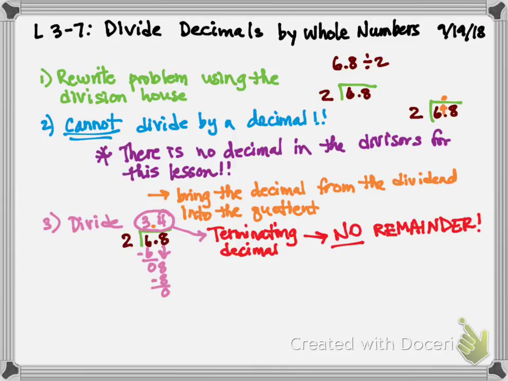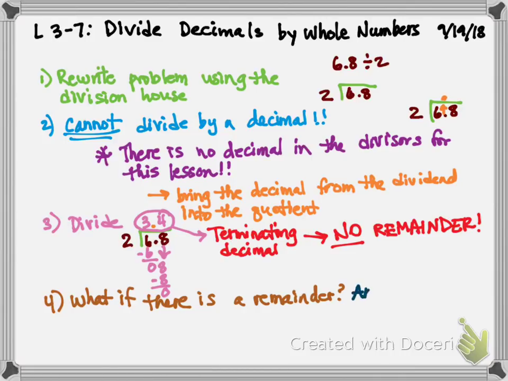Okay. So the next question comes, what if there is a remainder? So what we're going to do is that favorite word we learned before. We're going to annex a 0, one at a time.